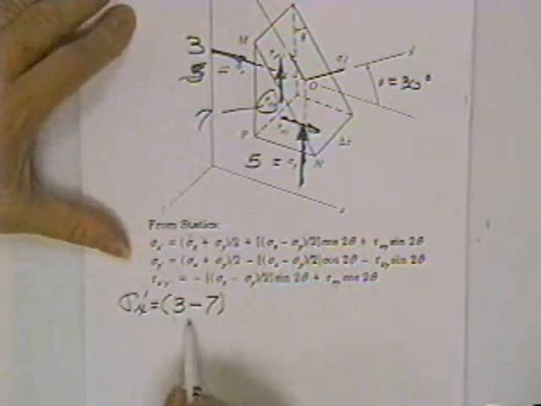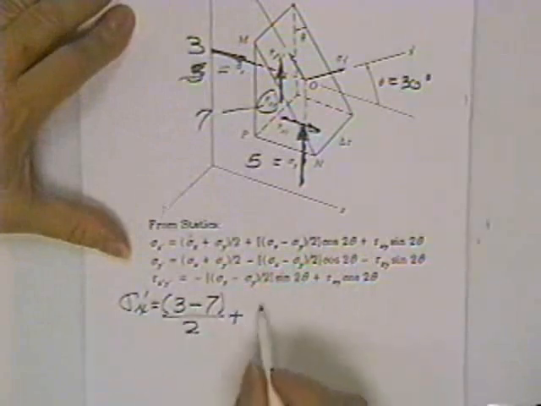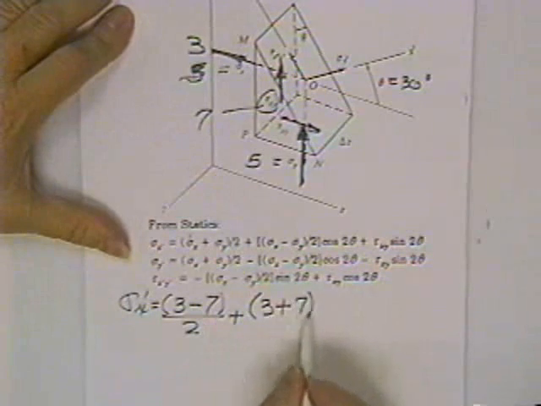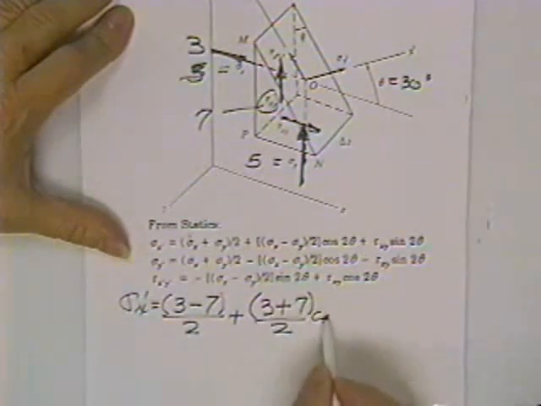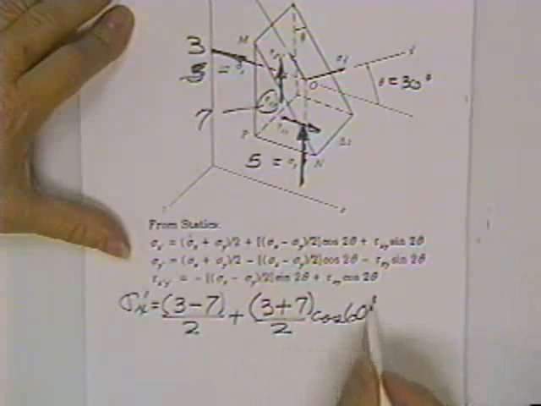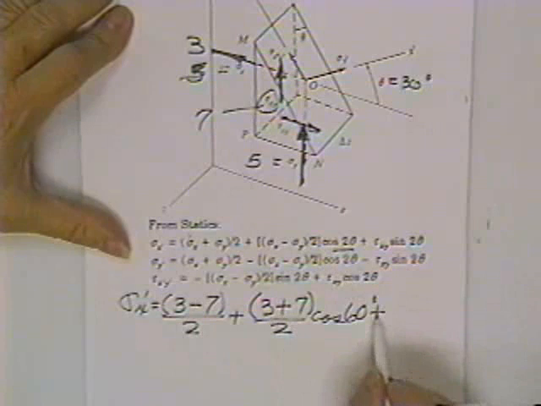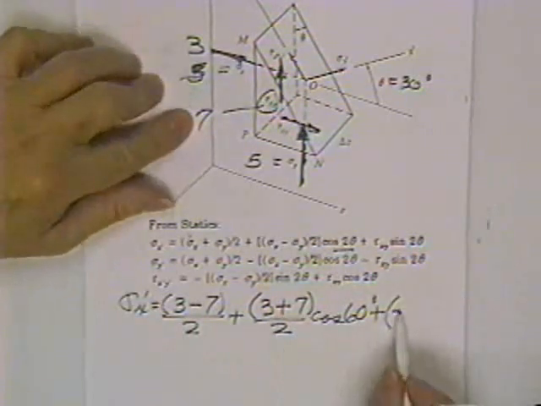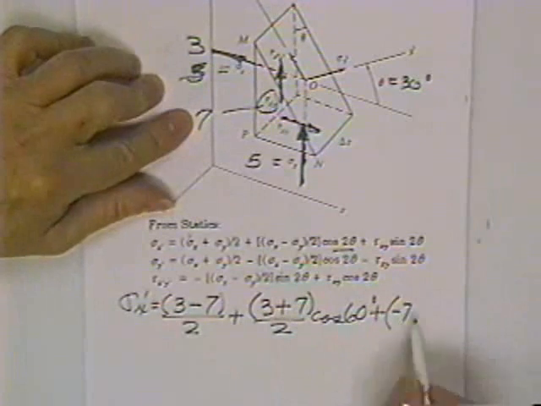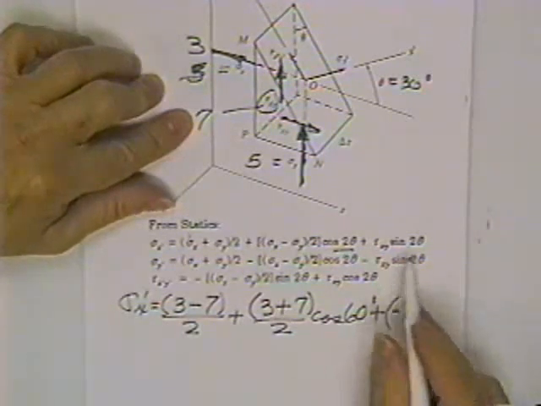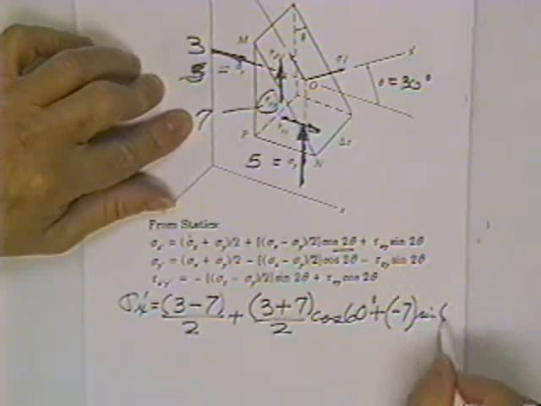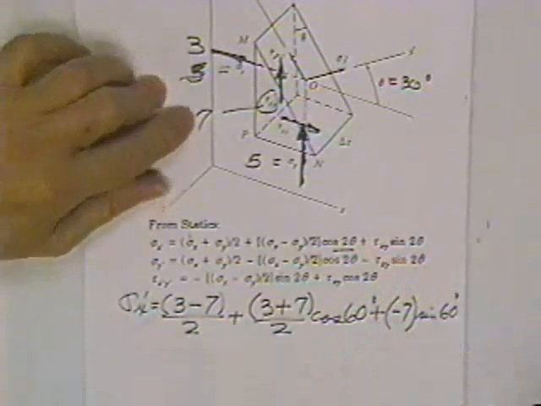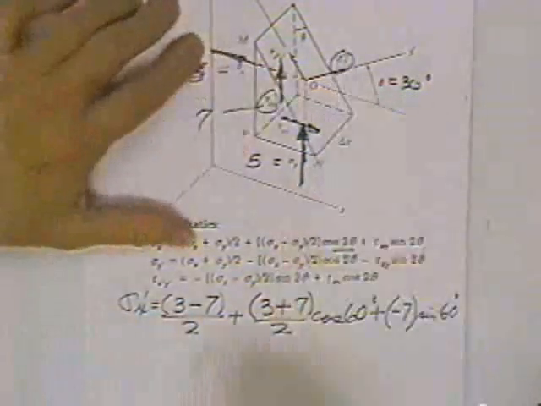So I have to put a minus 5, divided by 2, plus sigma x minus sigma y over 2 times the cosine of 60 degrees, 2 theta, plus, now the tau is 7, but it's going the wrong way, so I got to put a minus 7, times the sine of 60 degrees. That would be the stress, this guy right here.